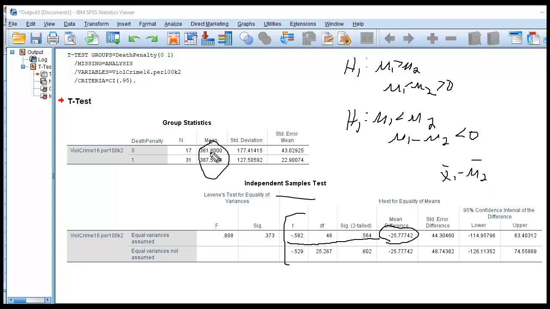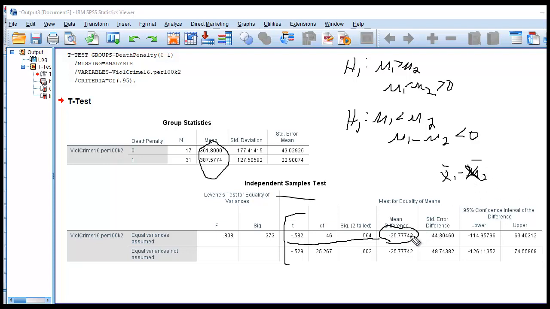It's just the 361.8 minus the 387. So that's the raw score difference between states with and without the death penalty, basically taking the mean for the non-death penalty states and subtracting the mean for the death penalty states from it.